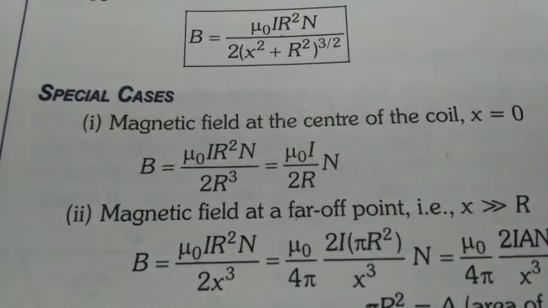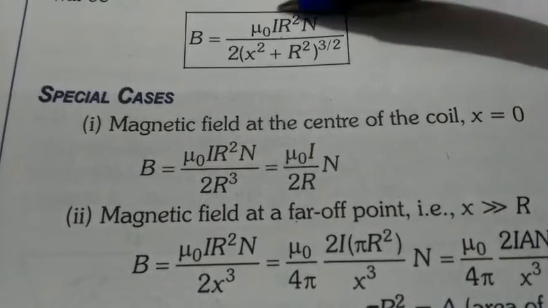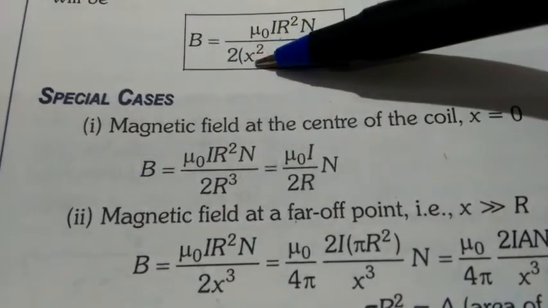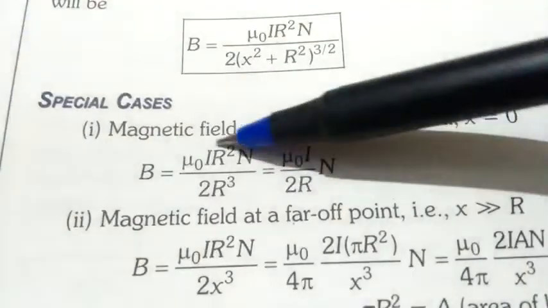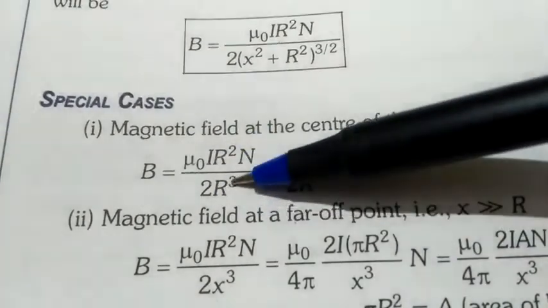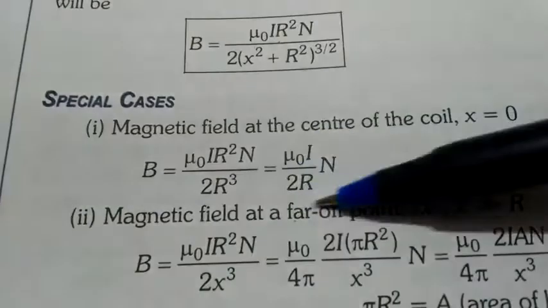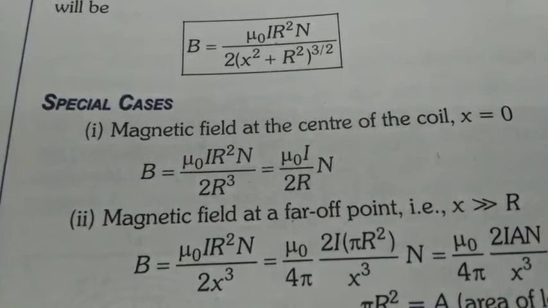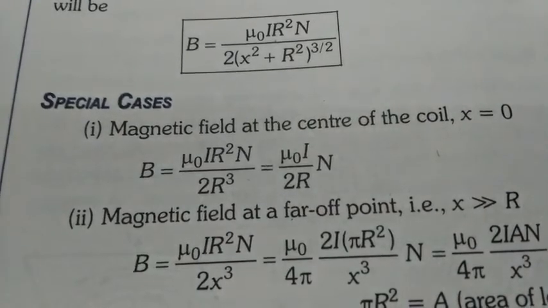So if we put x equals 0 in this equation, this x term will become 0 and we get this equation. Then by cancelling R, we get this equation, and this we have already got in the previous topic.